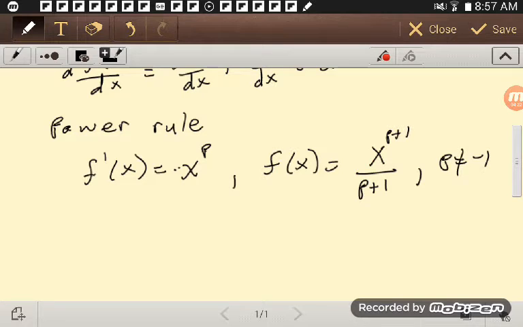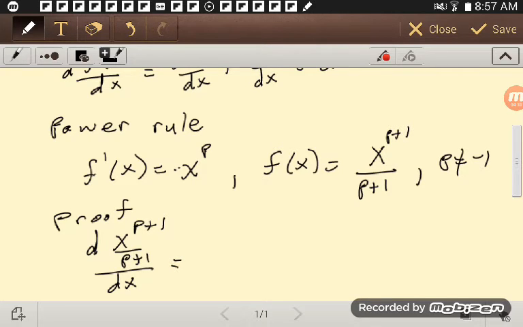And so, proof. Okay, let's start with the derivative of x to the p plus 1 over p plus 1 with respect to x. Well, I can factor out the 1 over p plus 1, and then I just have the derivative of x to the p plus 1 over dx there.